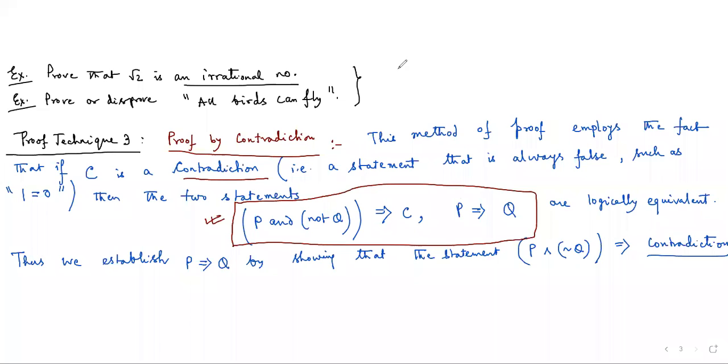So let me show you an example by mentioning a theorem. Let's do it on the next page. The theorem goes like this. Let A greater than 0 be a real number. If A greater than 0, then 1 by A is greater than 0.